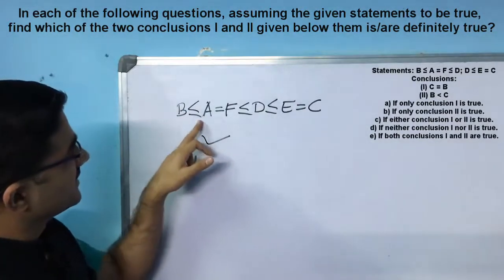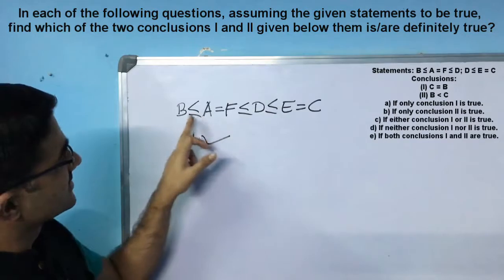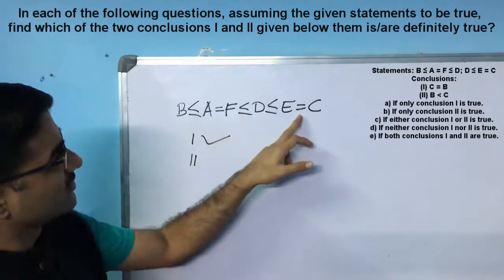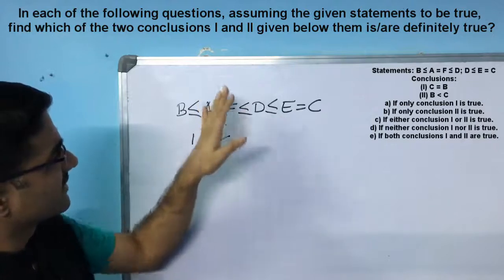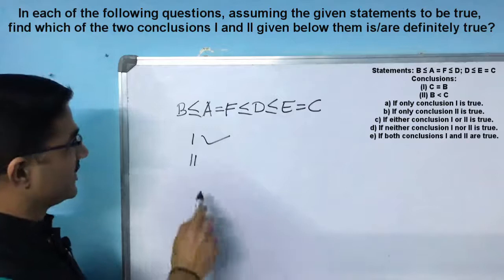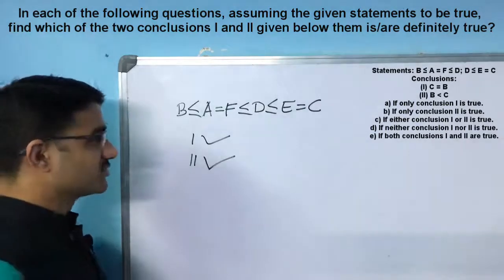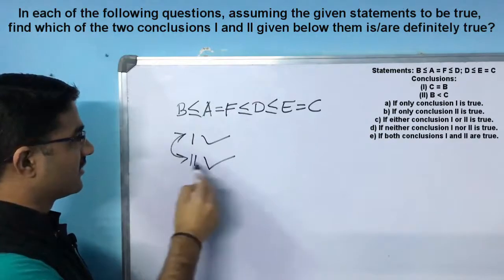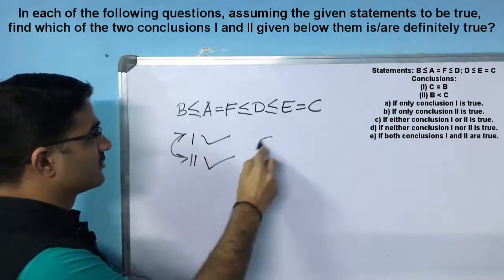B is again less than C, because here there is less than, equal to, less than, equal to. Even if you neglect the equal to sign, the less than sign is valid. So even this is true.